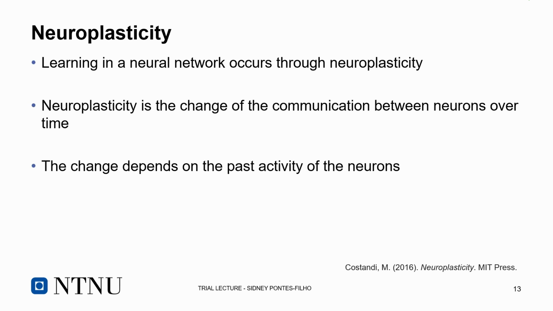Maybe a neuron is going to receive a certain input, a certain stimulus, and output a certain quantity of spikes, but maybe the same stimulus is going to change the amount that this neuron sends to the postsynaptic neurons it's connected to. And this change depends on past activity of the neurons. We are going to see that in the next slides.